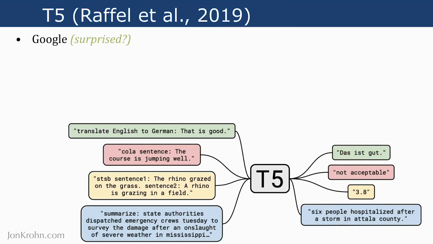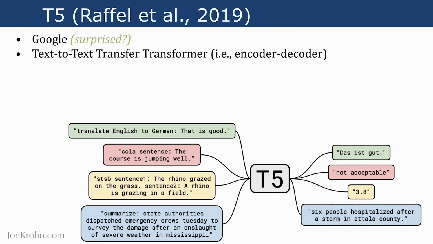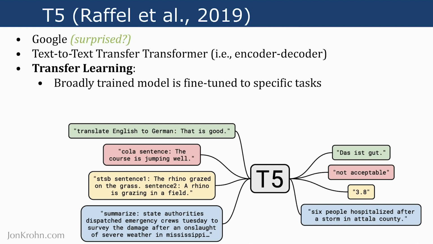T5 came out a year later, and by Google, again, are you surprised? T5 stands for Text-to-Text Transfer Transformer. It is an encoder-decoder architecture, which is the text-to-text. It needs to be able to encode text as well as decode text. It uses transfer learning, so it's broadly trained for a wide range of specific tasks.